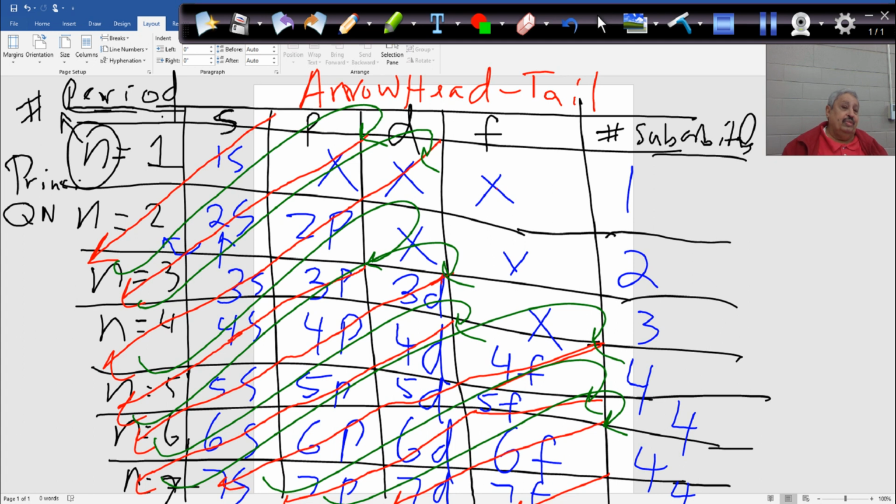So we'll start with the 1s, correct? The arrow goes all the way from here. After 1s, what will come? We go up through 2s, correct guys?